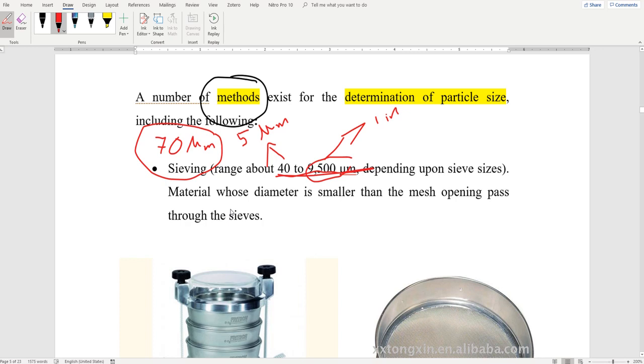Because when the particles are smaller, as I said previously, the surface area increases, and therefore the cohesiveness between the particles will increase. The particles want to aggregate and agglomerate. That's why usually when we use sieving, we use it for powders that have the majority of particles more than 70 micrometers.